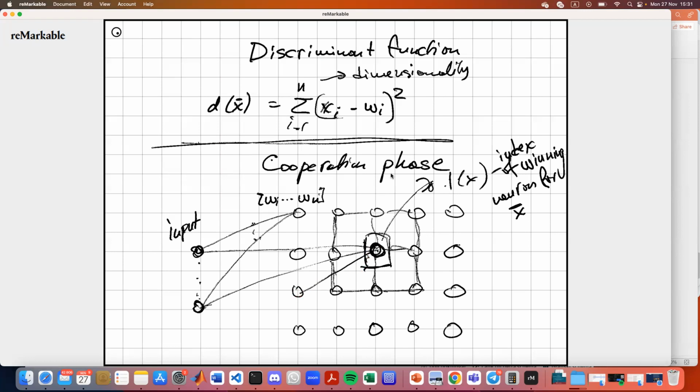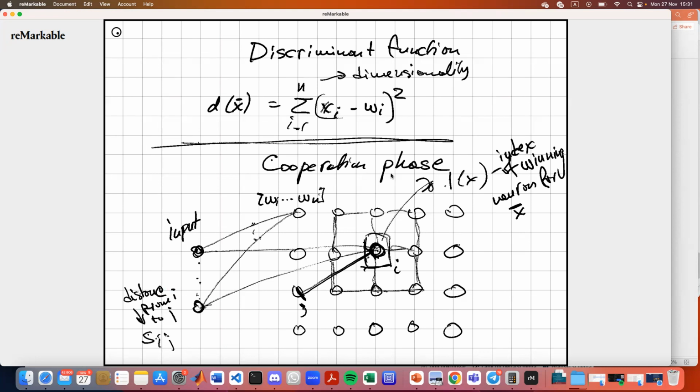For example, this distance over here: if this is node I and this is neuron J, then we have the lateral distance from I to J.